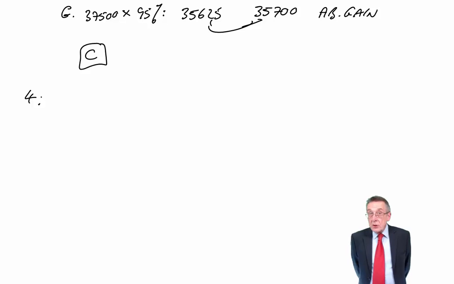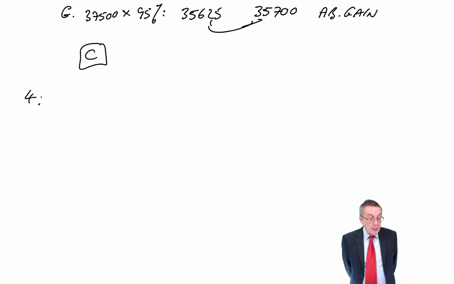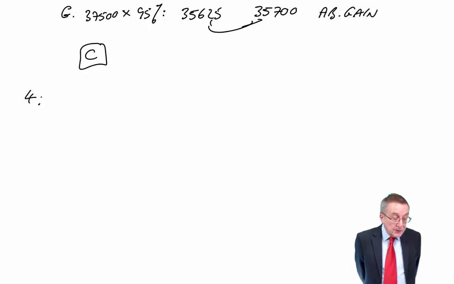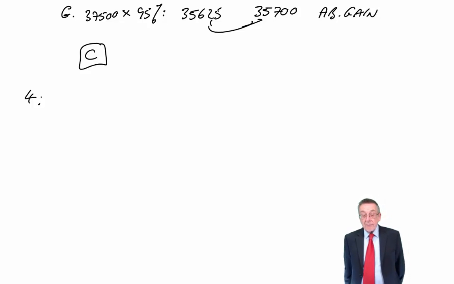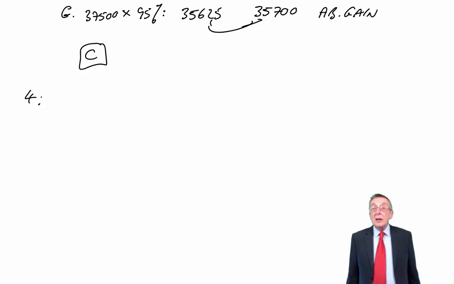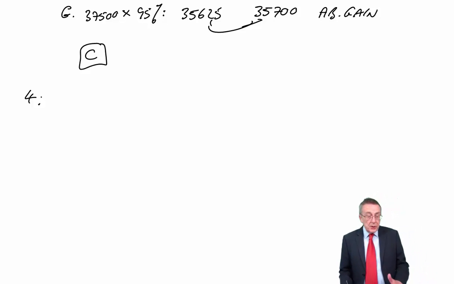They told us the normal level of activity. And they've said using absorption costing, the profit for the next period has been calculated at 36,000. Well, this should be pretty quick as long as you're careful.